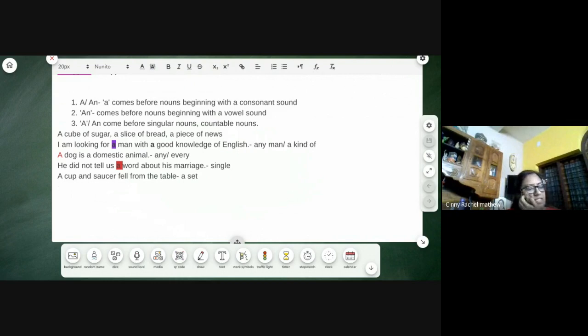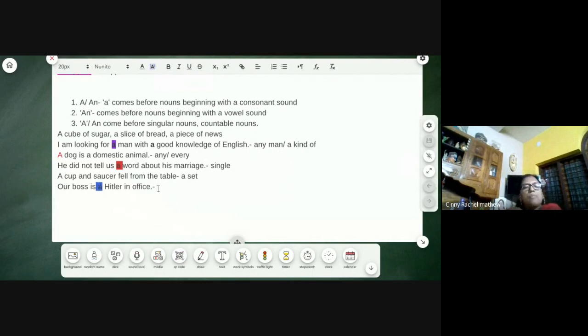Now, in another sentence, our boss is a Hitler in office. Our boss is a Hitler in office. Now here, A in this sentence would mean any kind of Hitler.